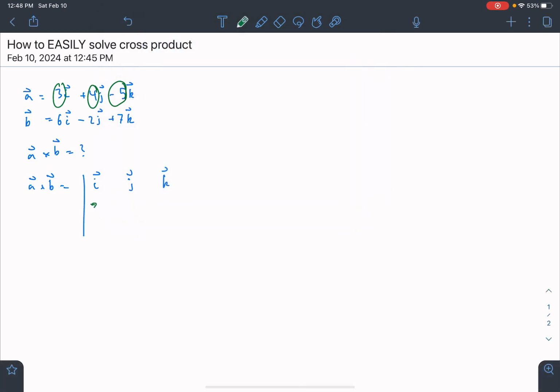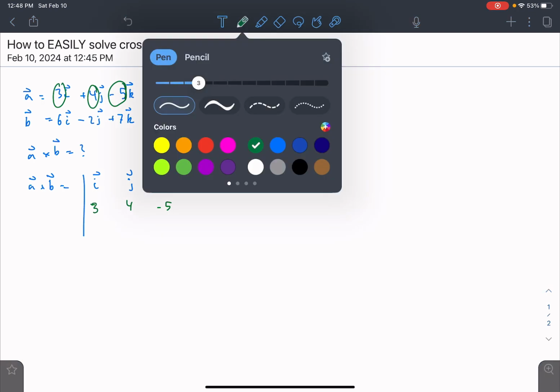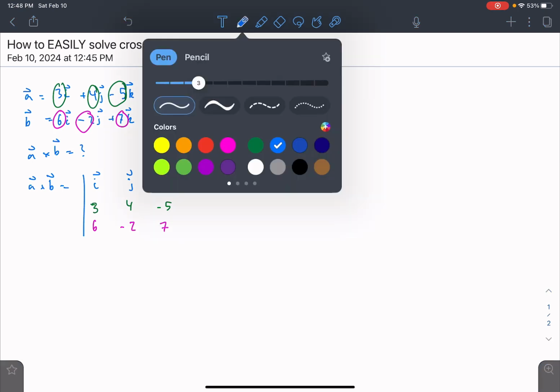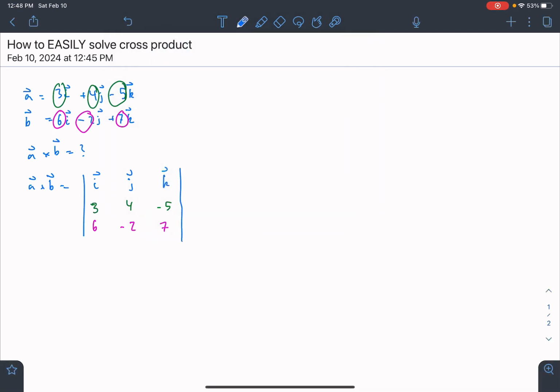And then in the third row, we need to put the coefficients of the B term. So 6, minus 2, and 7. And then simply close that off.